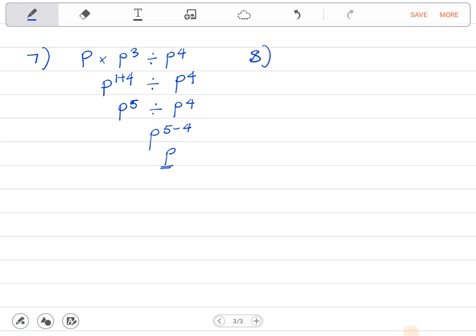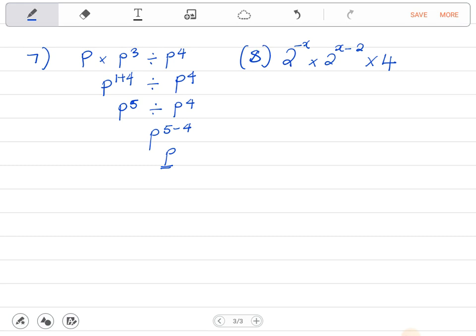Question 8. We have 2 to the power negative x multiplied by 2 to the power x minus 2 times 4. Now, we have the smallest base here, which is 2. We can make 4 a base of 2, right? We know that 2 to the power 2 is 4.